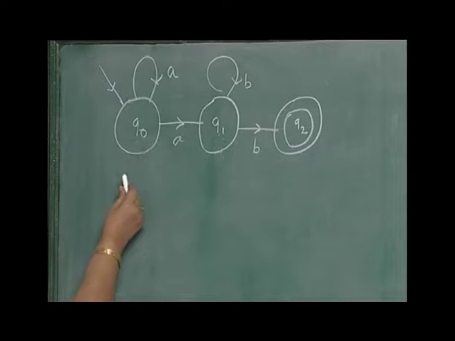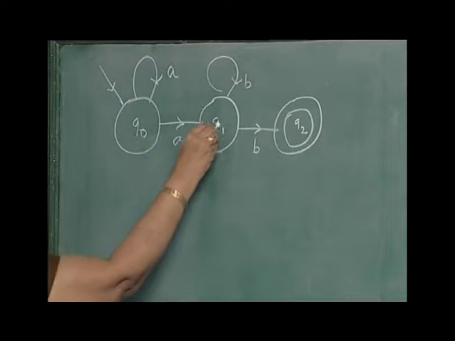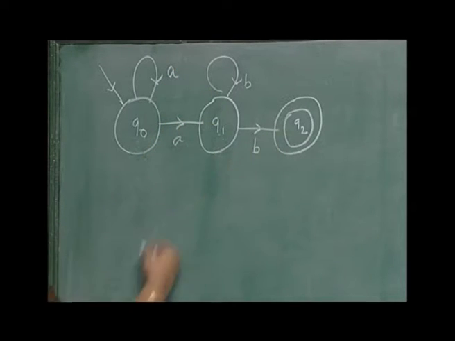Now, from the diagram you can see that a string of the form a number of A's followed by a number of B's will be accepted by this machine. We also had a deterministic automaton for that.